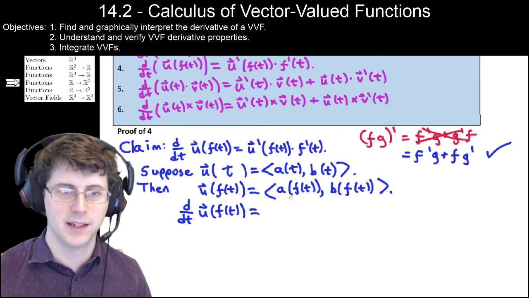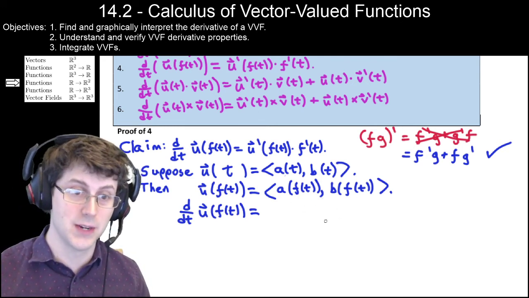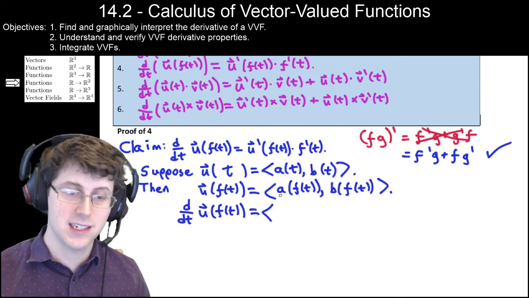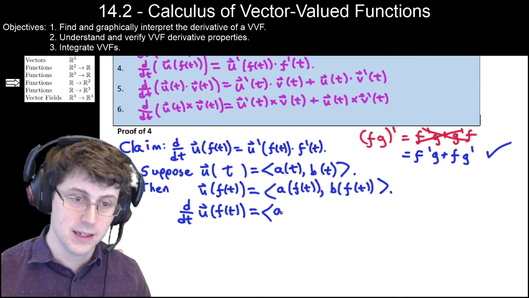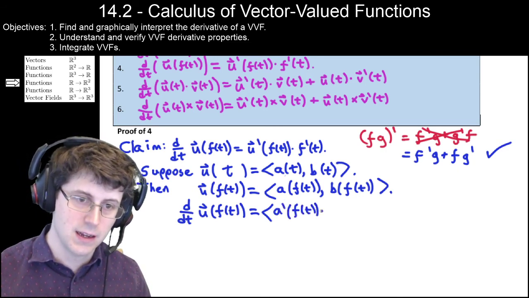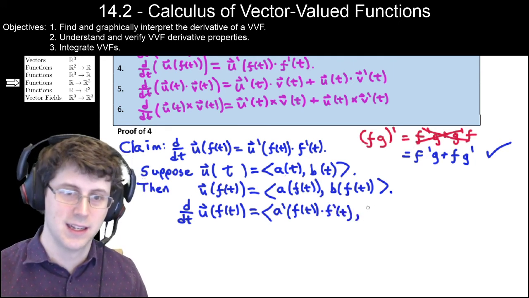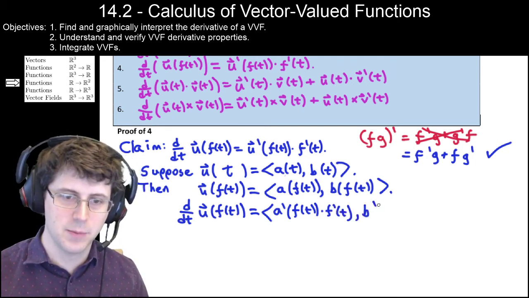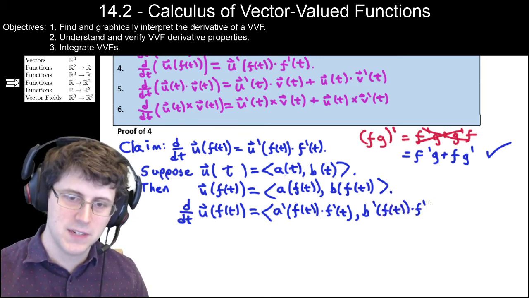The derivative of a vector-valued function is you take the derivative of each component. Inside each component, I use the old chain rule from Calc 1. So I'll have a prime of f of t times f prime of t in the first component, and in the second component I'll have b prime of f of t times f prime of t.